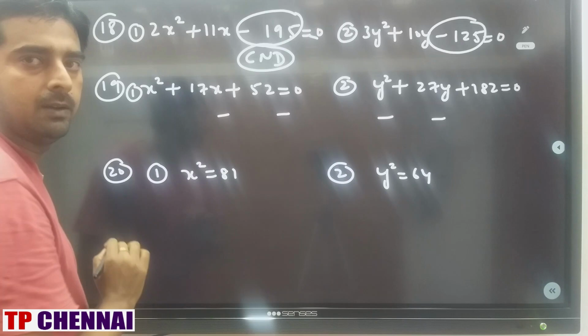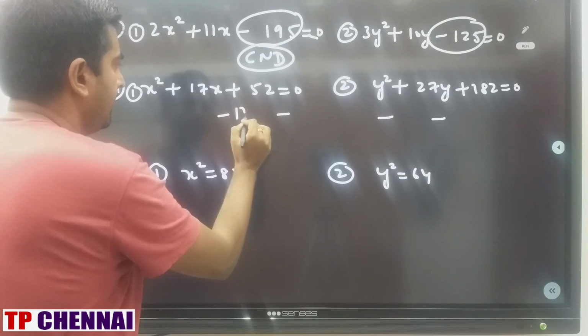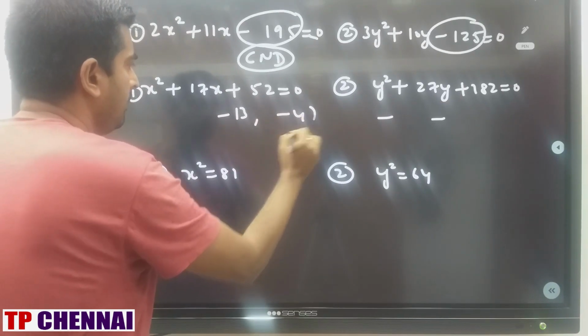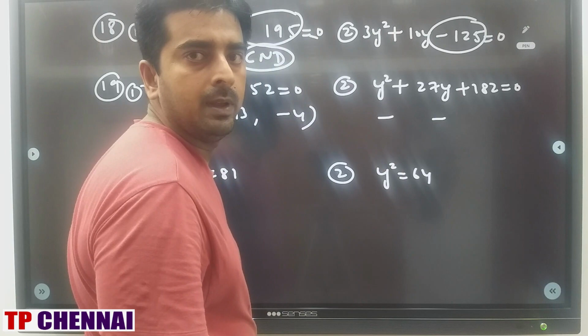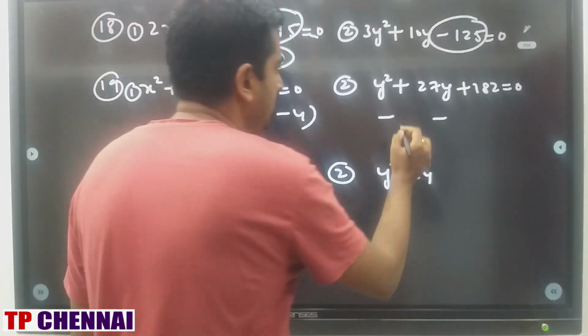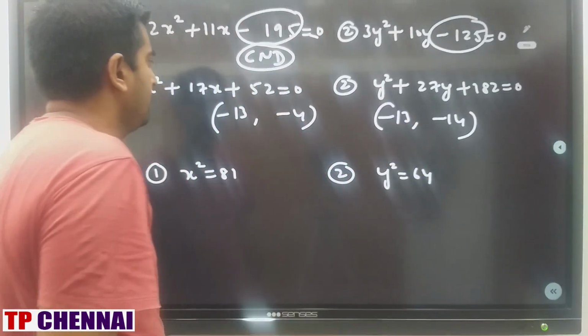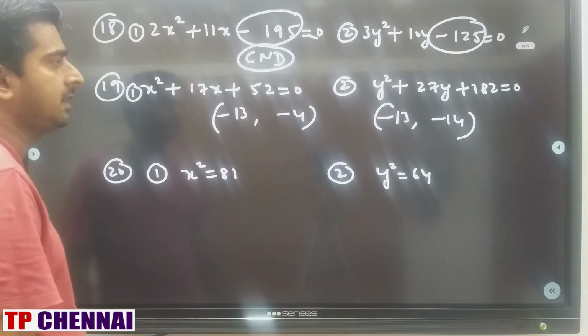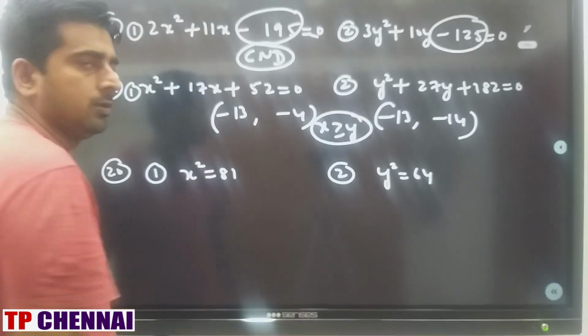17 you should get when you add, 52 when you multiply. So 13 and 4, so this is minus 13, this is minus 4. 27 you should get when you add, when you multiply 182: 13 and 14. Compare, x greater, x greater than or equal to y.